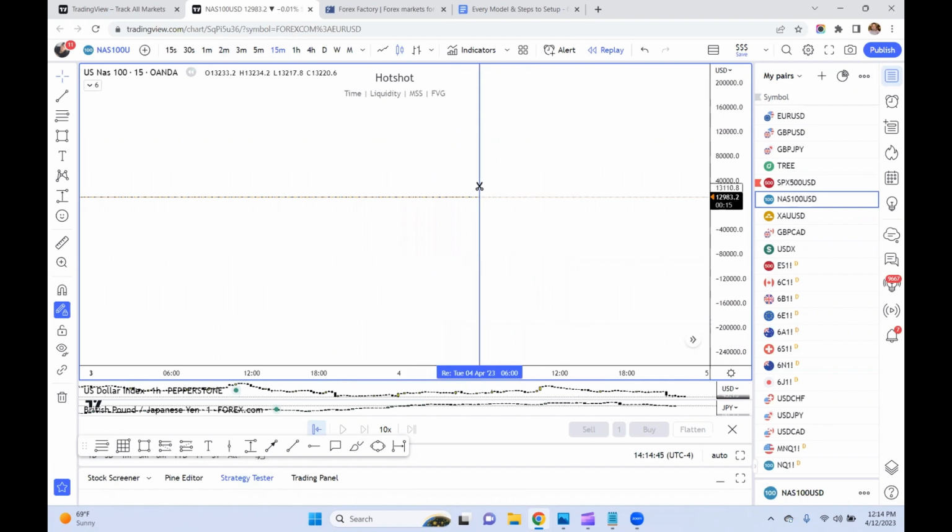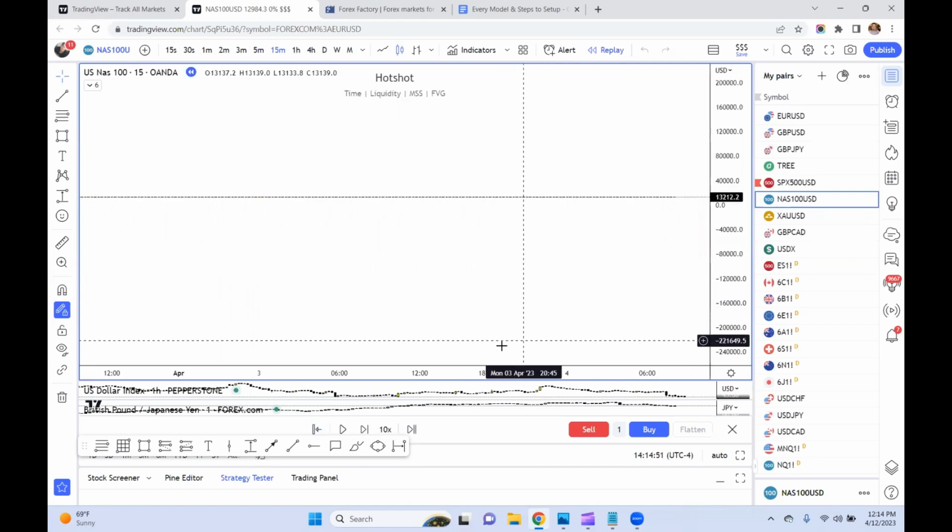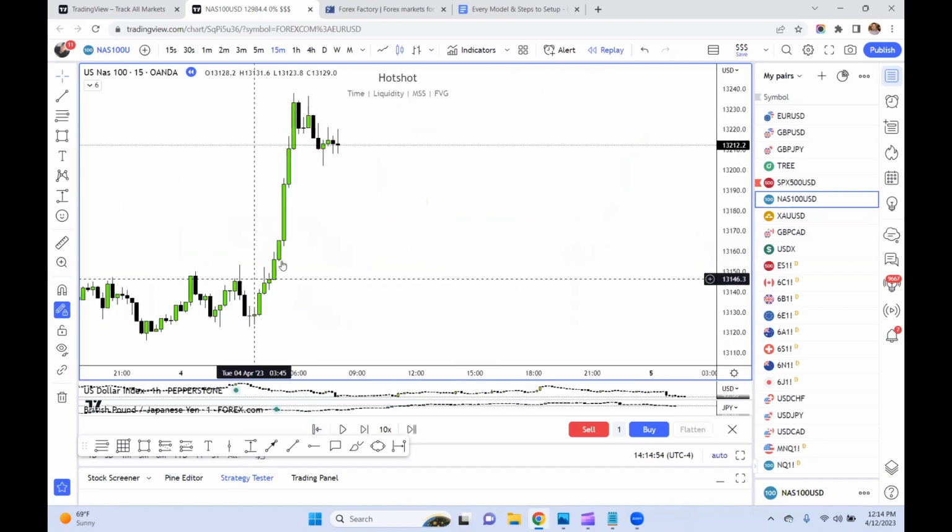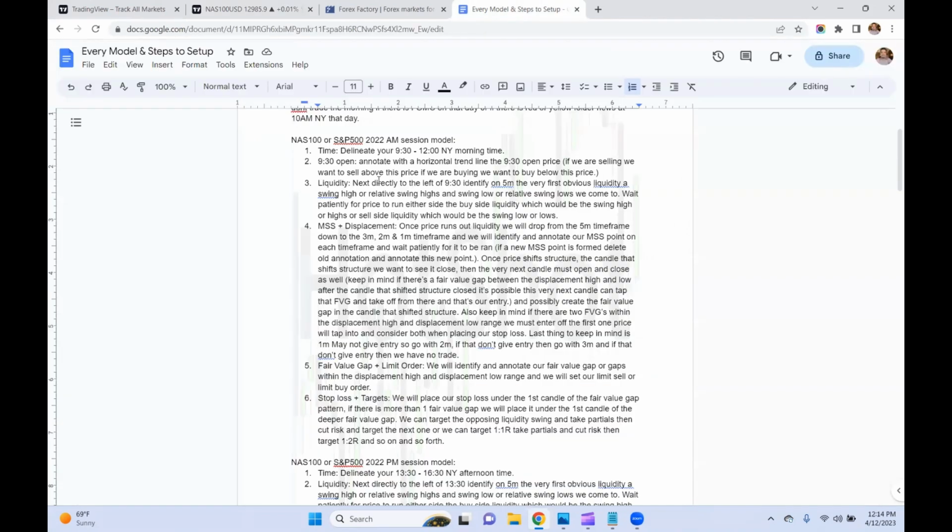So Tuesday, the specific time we want to trade for this 2022 mentorship model setup is from 8:30 until 12. Okay, that's what time ICT says to delineate your chart. So step 1, delineate your, 9:30. Actually, it's 8:30 that ICT teaches. However, a lot of news gets released at 8:30, so he also refers to the 9:30 as well.